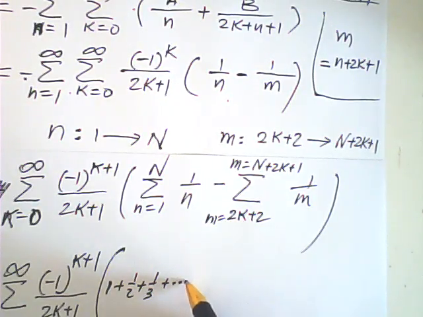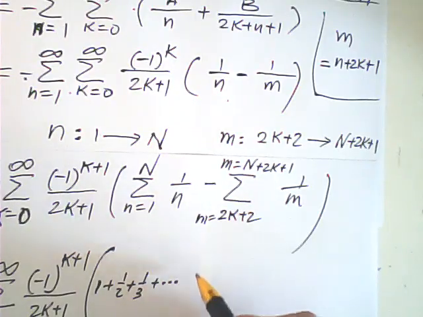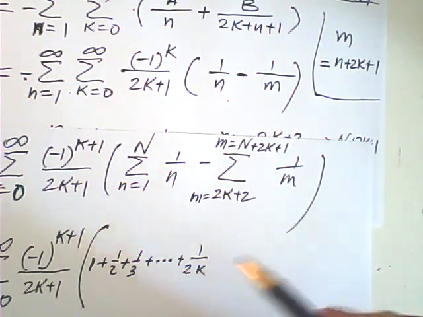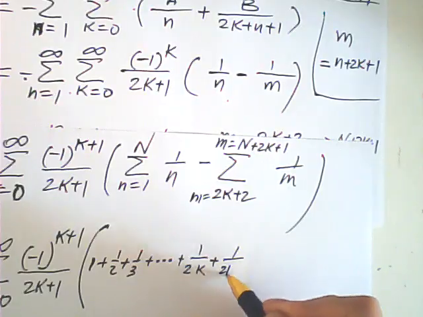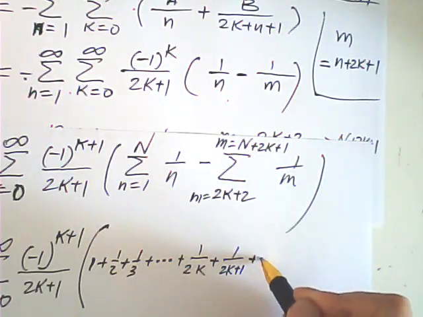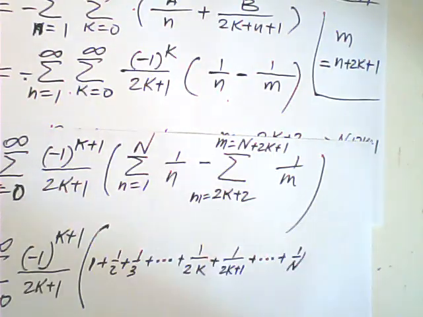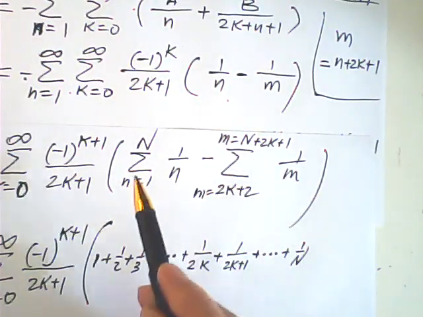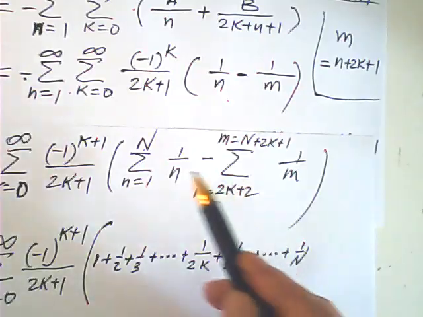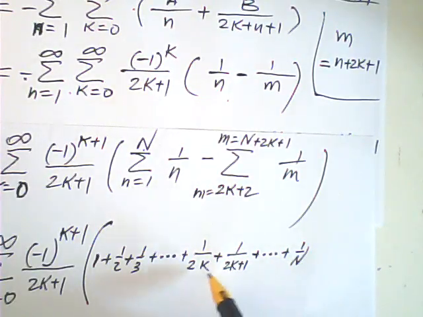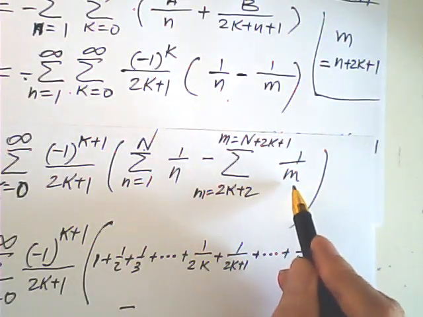Plus, somewhere reaches 2k, then 2k plus 1, right? Then somewhere reaches the end, which is capital N. From 1 to capital N. Somewhere must be 2k plus 1. And the minus, the first term is this.